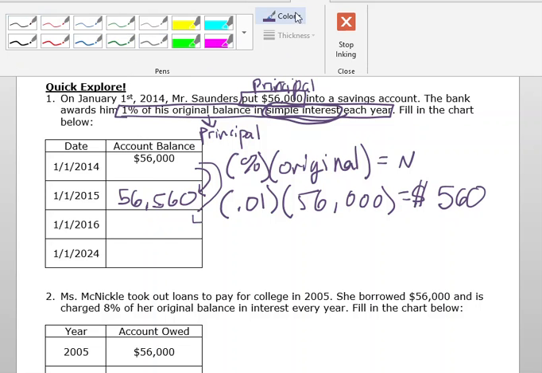We're going to a different color. So which would give him 56,560 plus 560, which gives him $57,120. And then you add another 560, 57,120 plus 560 is equal to 57,680.